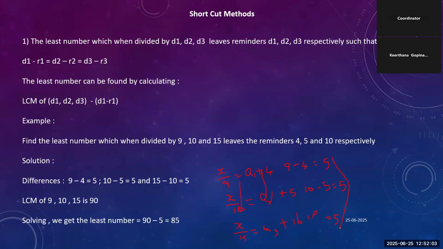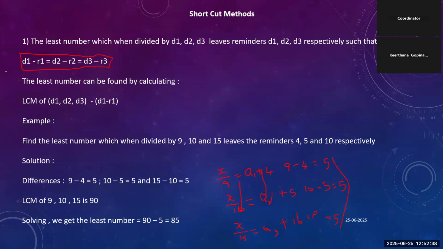If D1 minus R1 is equal to D2 minus R2, then only you will use this logic. That is why I said we will come to the concept later. This logic can be used only if D1 minus R1 is equal to D2 minus R2 and D3 minus R3 is also equal.